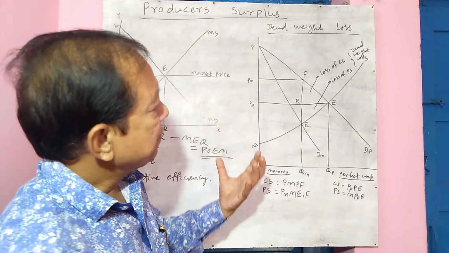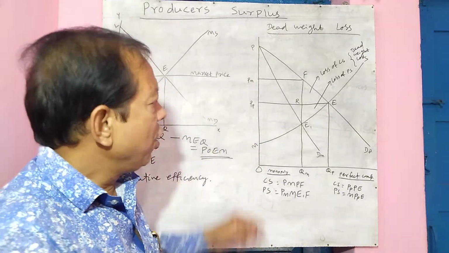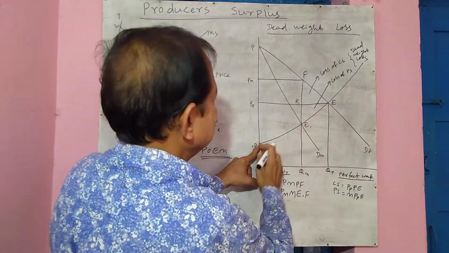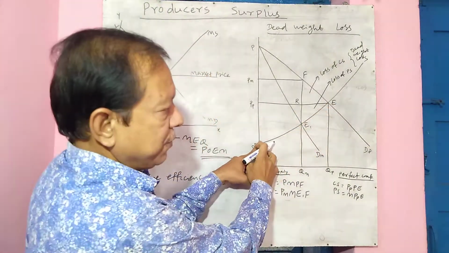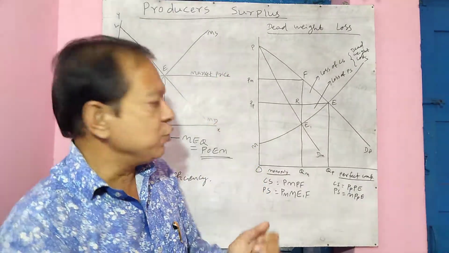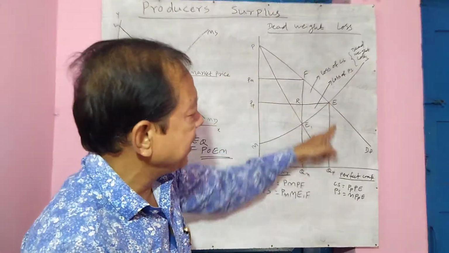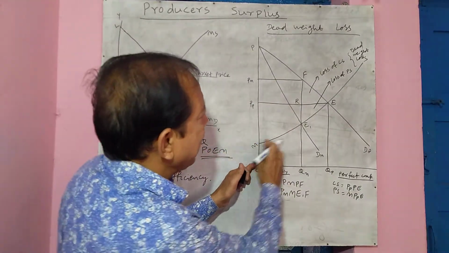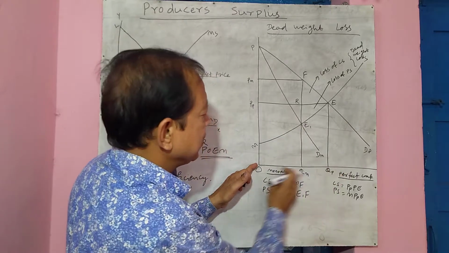Then what is the producer surplus under perfect competition? Producer surplus is M, PP, E. This is the producer surplus because the total amount of revenue the producer gets is O, PP, E, QP, and the marginal cost is O, M, E, QP, this much.